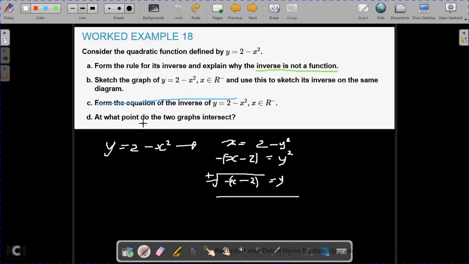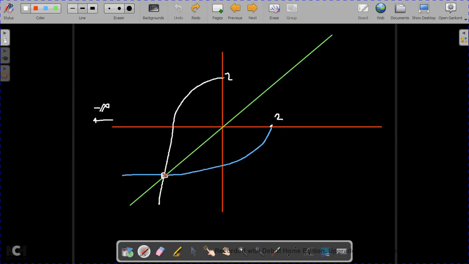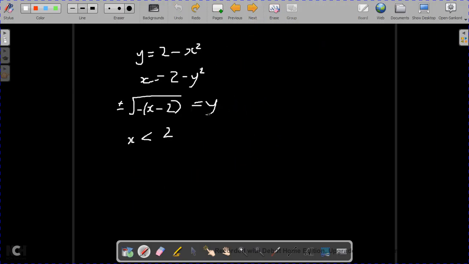At what point do the two graphs intersect? Well, they intersect at this point down here. How do we solve that? Well, it's going to be simultaneous equations. So we've got y equals 2 take x squared, and we've also got this line here for our inverse function.